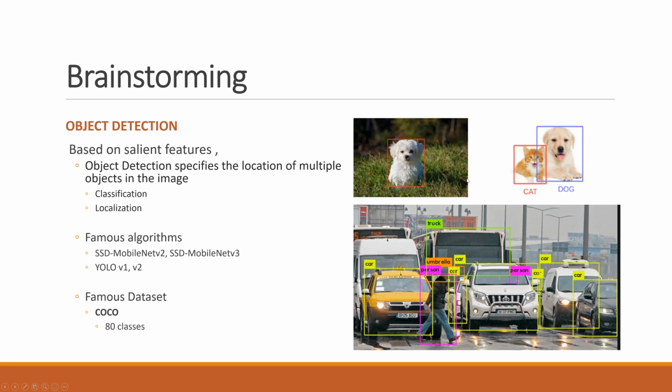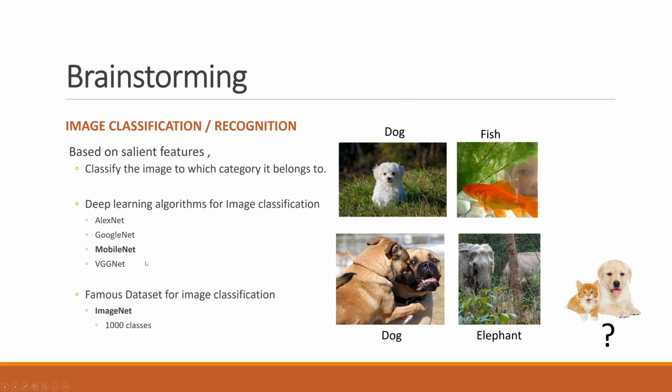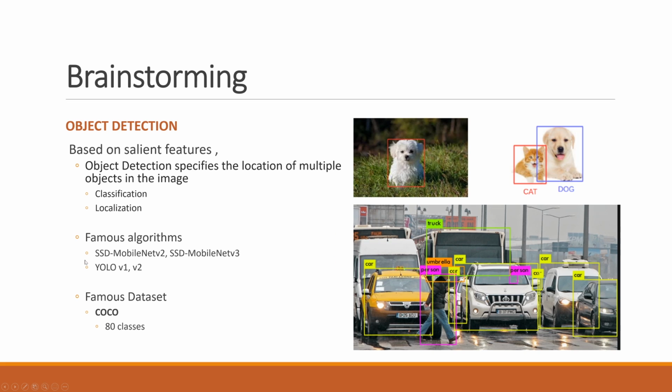So in this regard, we will be using a combination of two or more algorithms. For example, MobileNet was the image classifier, as we saw in the previous slide. We will use the single shot multi-box detector, the combination of these two, for better object detection. What happens in it?